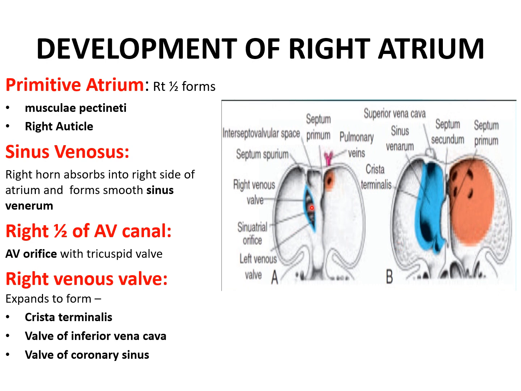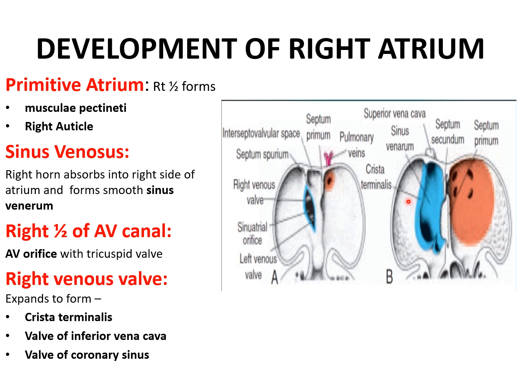While the sinus venosus, which is opening here through the sinoatrial opening, gets absorbed into the right atrium and is responsible for the formation of the smooth part of the right atrium, which is called sinus venarum. Then the right AV canal, that is atrioventricular canal, is responsible for the formation of the atrioventricular orifice, which is lined by the tricuspid valve. Then the right venous valve, this one, enlarges as the sinus venosus gets absorbed into the right atrium.